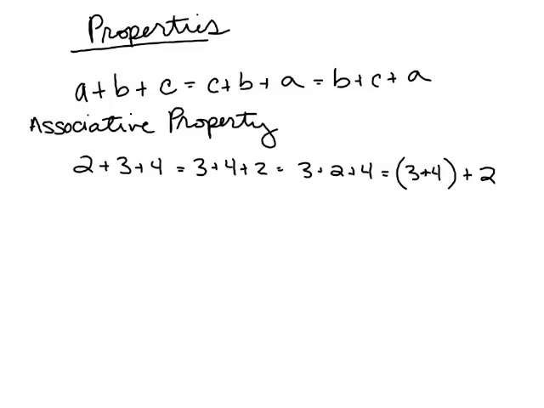So 4 plus 3 plus 2 is 9. Is it still 9 if I write it like this? How about like this? What about that set of brackets? As long as it's just addition, I can rearrange it however I want. That's called the associative property of addition.